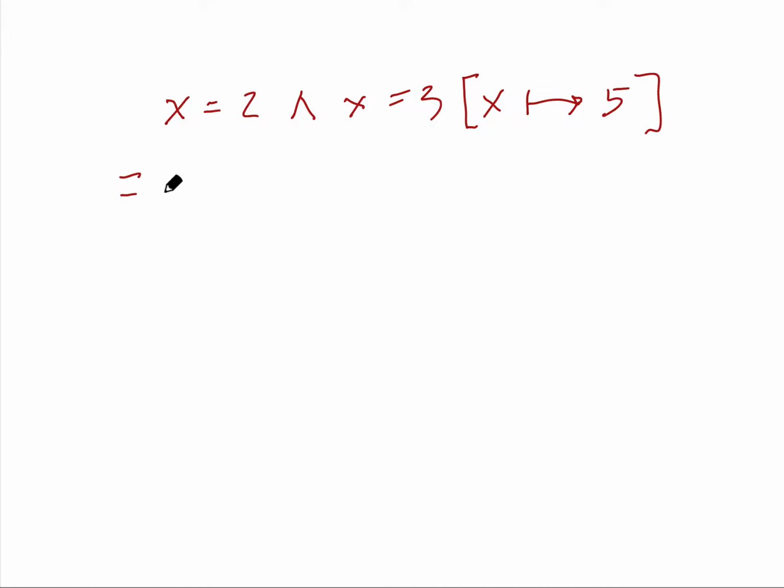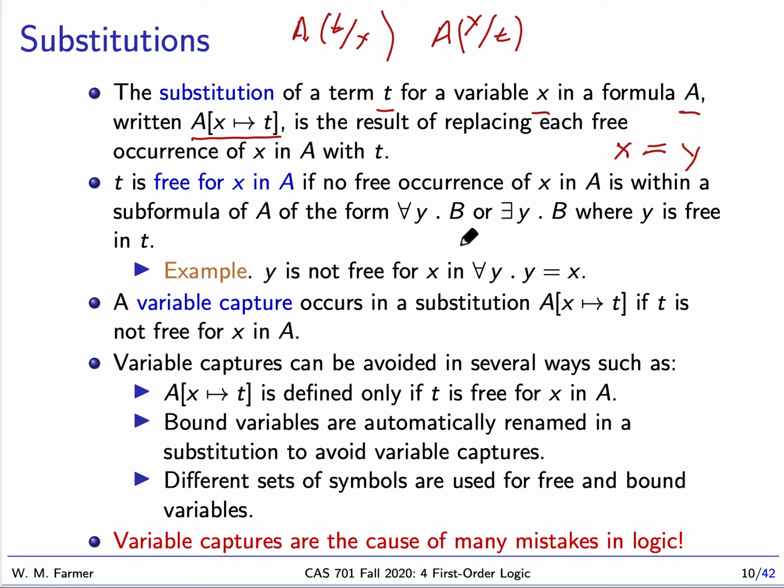This is going to equal 5 equals 2 and 5 equals 3, which, by the way, we would expect would be an invalid formula. Okay, so that's the idea.